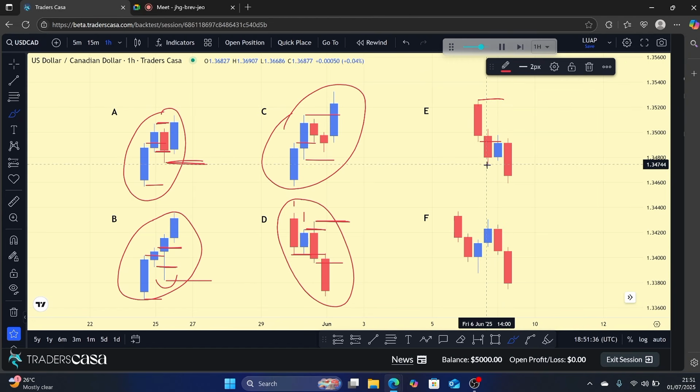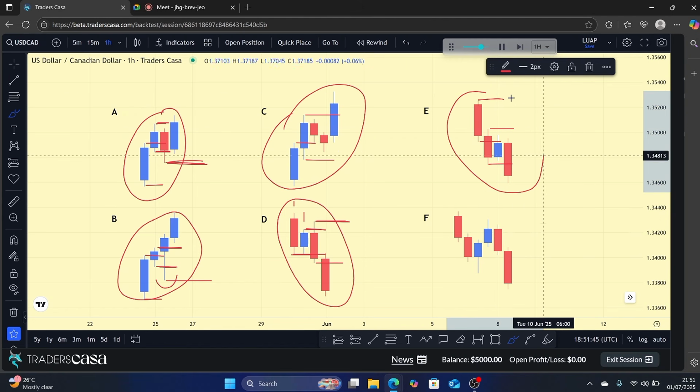Again, right here price broke past the lowest point while the highest point is protected. So this means there is no valid pullback here. This one is an invalid pullback.